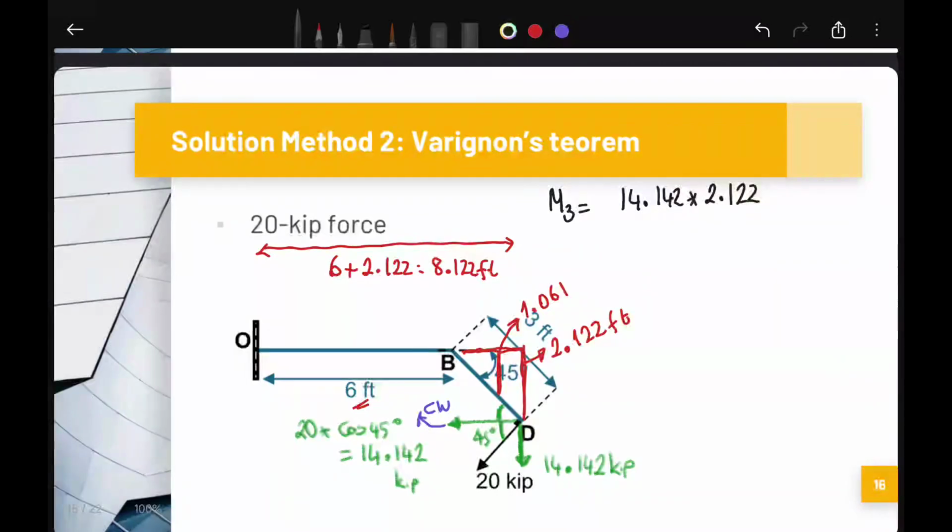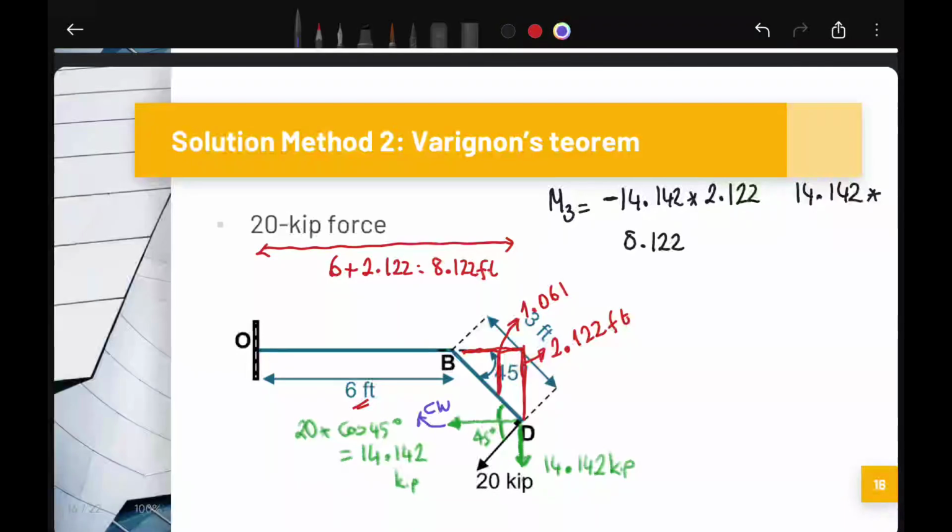That's why I put a negative sign in front of the computation. And then I want to continue with the y component. 14.142 times 8.122.